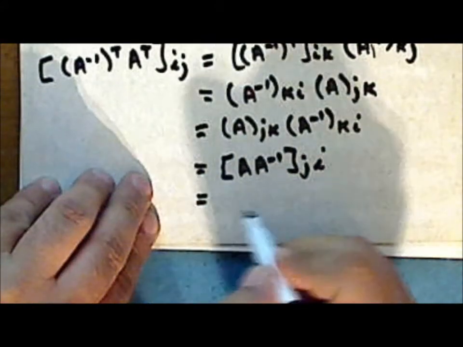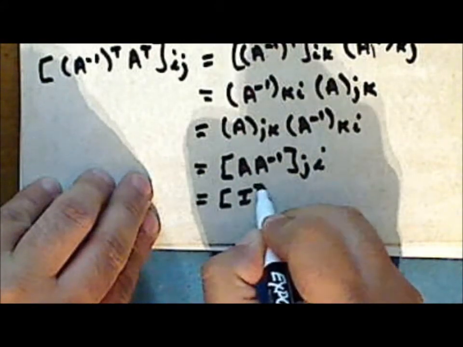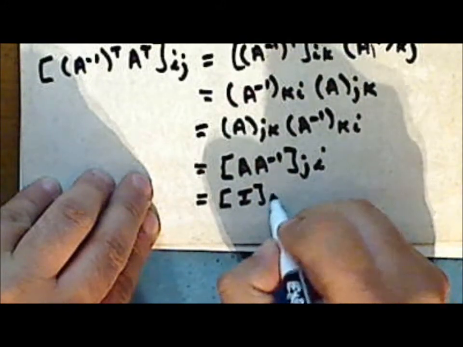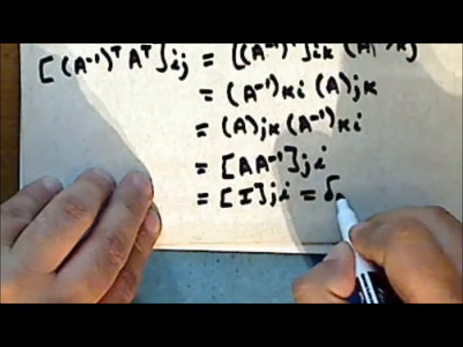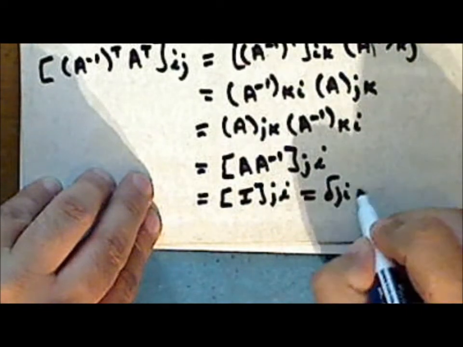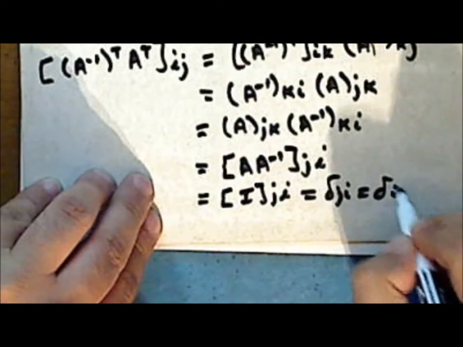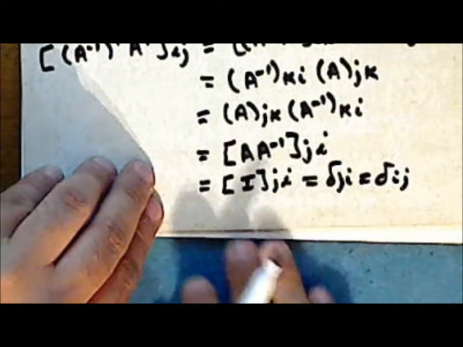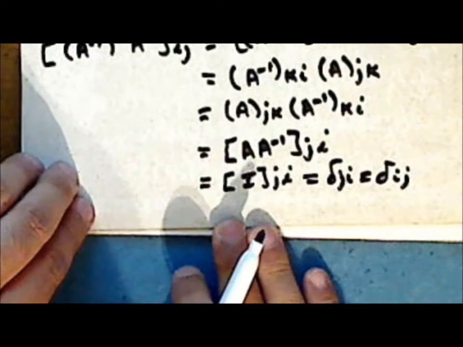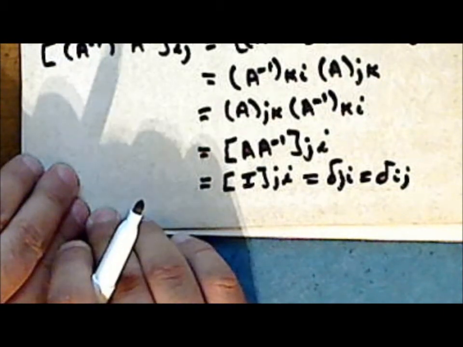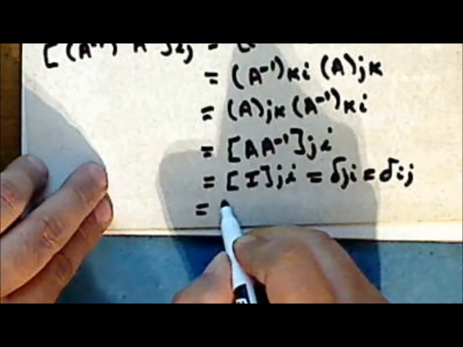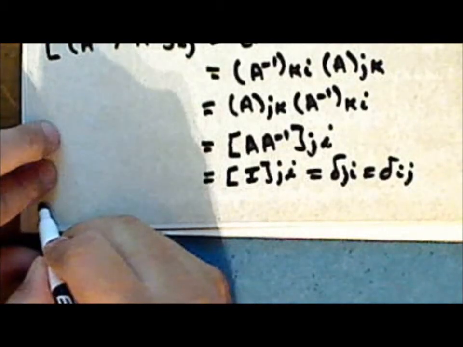Once again, this is the component of the identity matrix, row I, column J, which is the same as the Kronecker delta with those indices, and this is the same as I, J. So the components in row I, column J of the product, when we pre-multiply the transpose of A by the transpose of the inverse, are the same as the components in the identity matrix.